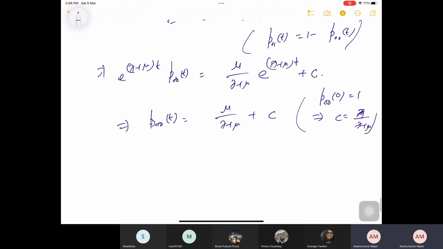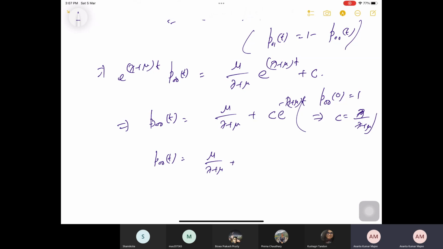So what I have then, P_00(t) is mu by lambda plus mu plus c times e to the power minus (lambda plus mu) times t, because I have to multiply it by this part, minus of that.